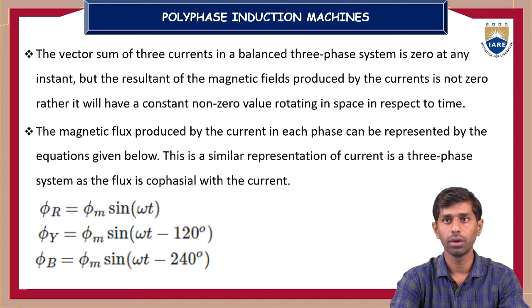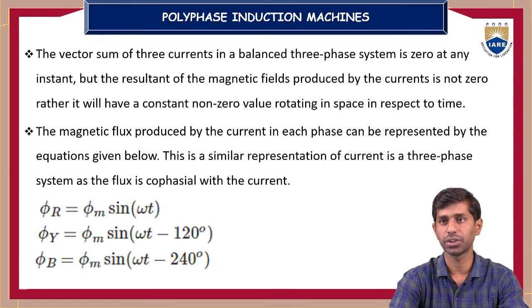But the resultant of the magnetic fields produced by the currents is not zero; rather it has a constant, non-zero magnitude, and it is rotating in space with respect to time. The magnetic field produced by the current in each phase can be represented by the equation given below.